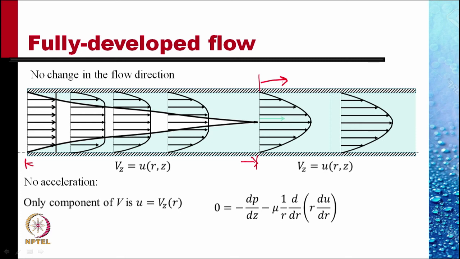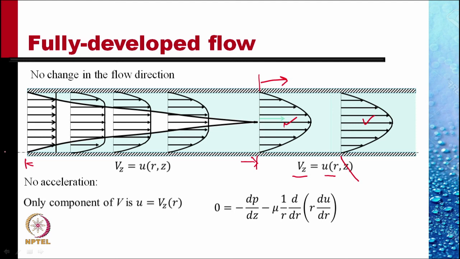So this velocity profile is the same as this velocity profile. There is only one component of velocity, Vz, and it is a function only of r. It is not a function of z.